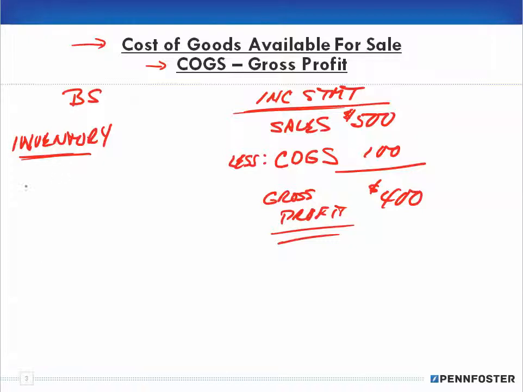So let's say in my inventory, I already have $1,000 of items. That's my beginning inventory. Depending upon the business, think about a grocery store: when the store opens for business that day, there's a certain amount of inventory on the shelf, and that could be called my beginning inventory, right?